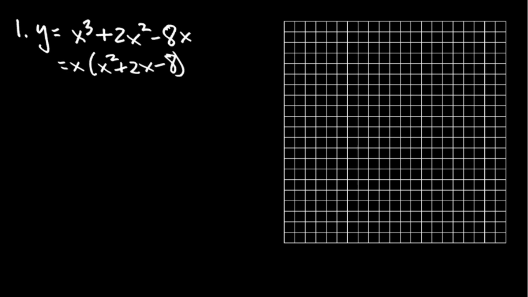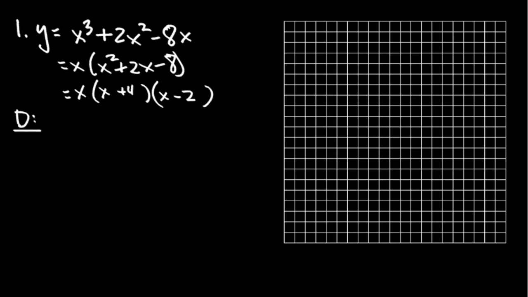Okay, so we need something that will multiply to -8 and add to 2. So if we have plus 4 minus 2, that works. Okay, so after we do that, we can figure out the other stuff.